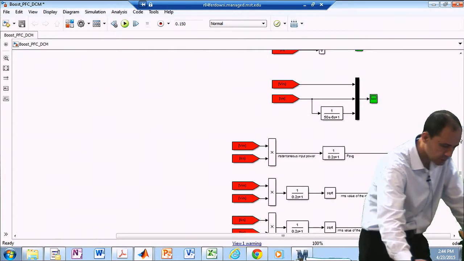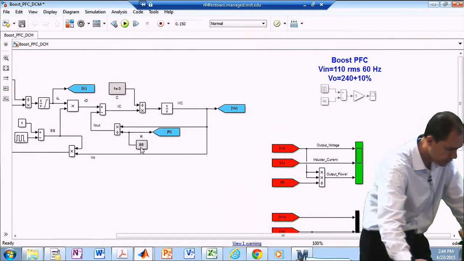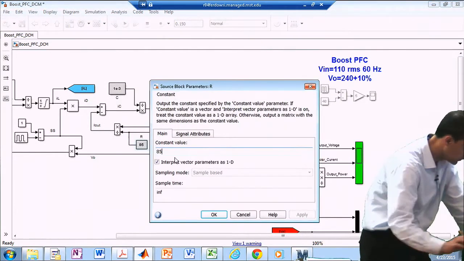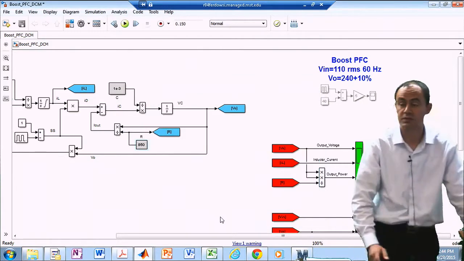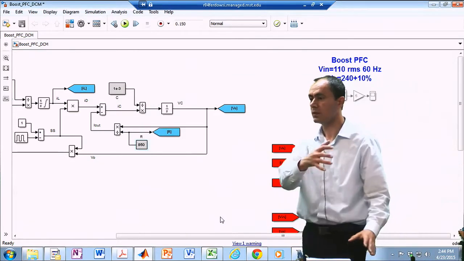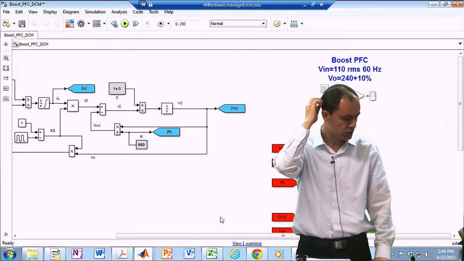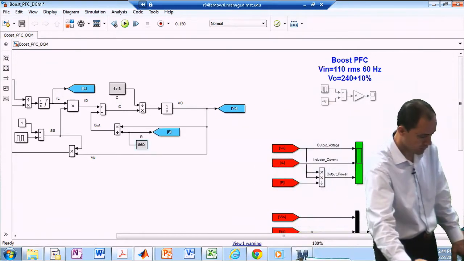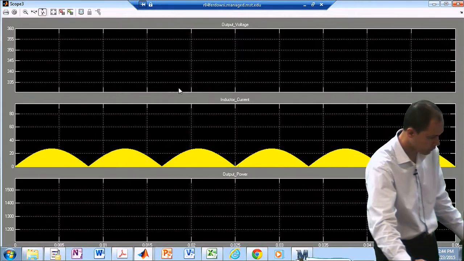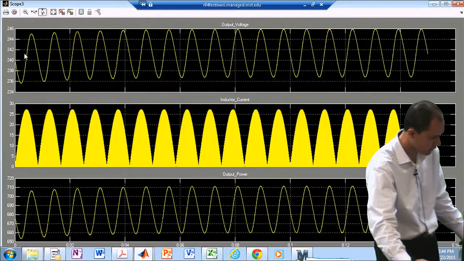Now let me increase the load resistance. So I'm increasing the load resistance. It's an open loop system. The reference for the current hasn't changed, so I'm expecting my output voltage to be very large. Under the previous load value, the output voltage was about 240.